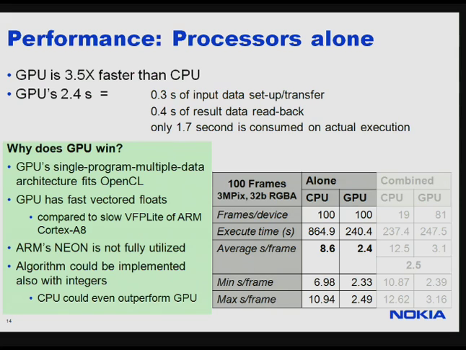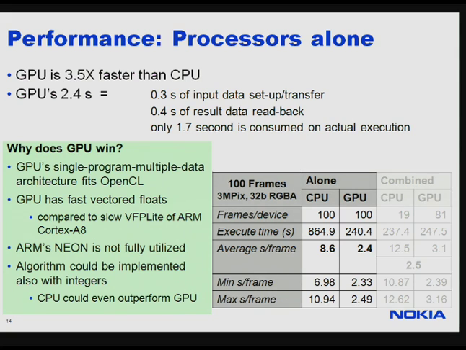And here are some reasons why in this measurement the GPU was faster. Well, the GPU matches the OpenCL model better, and it has these fast vector floats that are missing from ARM Cortex. However, it's probably also because this is the first version of a research implementation of OpenCL, so the CPU part was not as optimized as it could be.